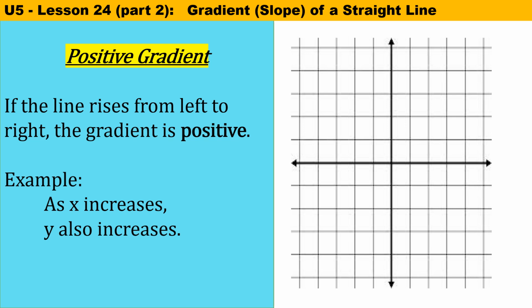Positive gradients: if the line rises from left to right, the gradient is positive, because it is climbing. So as x increases, y increases as well.